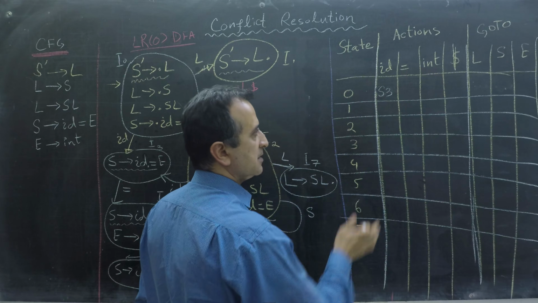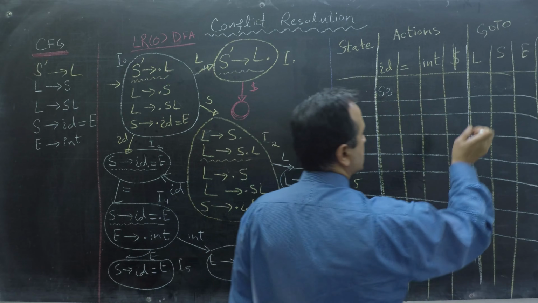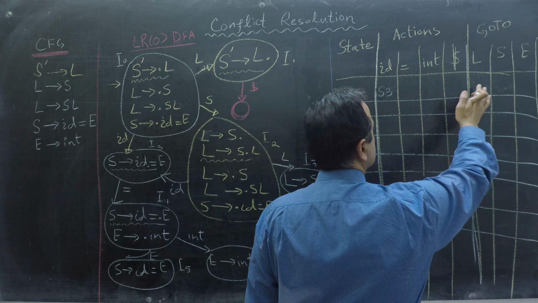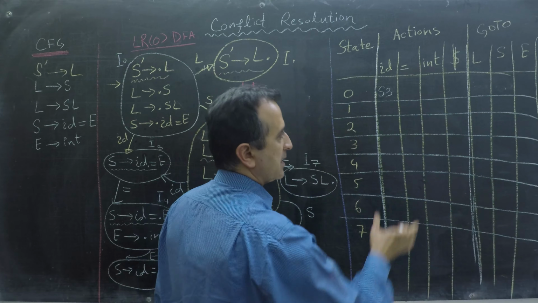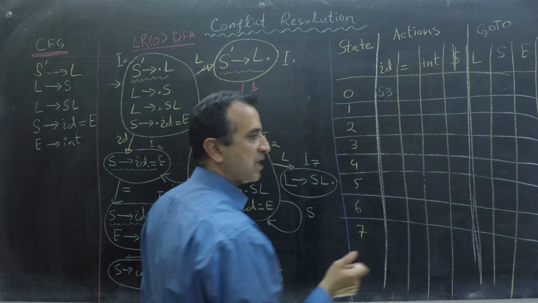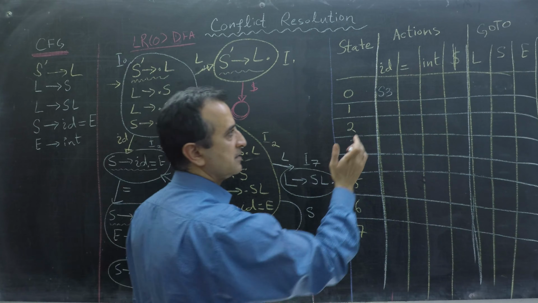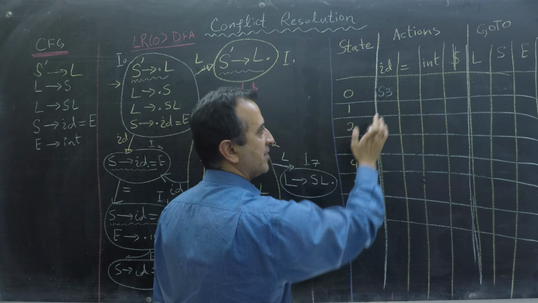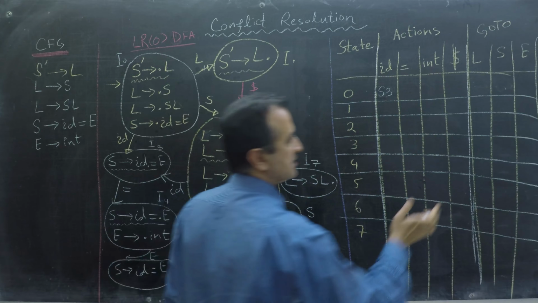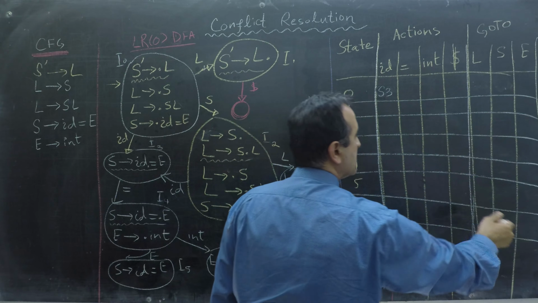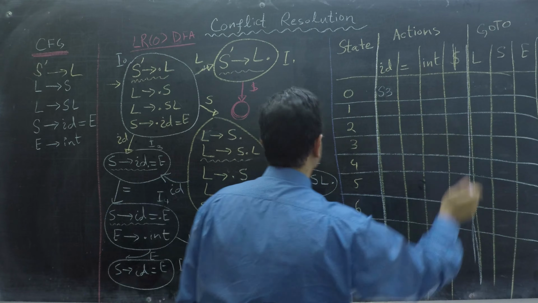I will write shift instructions here, where I don't have to write shift, I can just write the state number on this part. Because in this part, I will also have reduce actions and I have to differentiate between shift and reduce. So here in this part, I will write S for shift and R for reduce. Whereas in this part, I will have only goto instructions, so I will only write the state number.